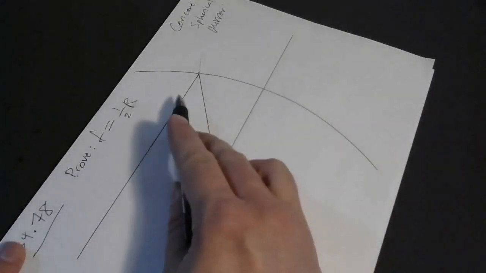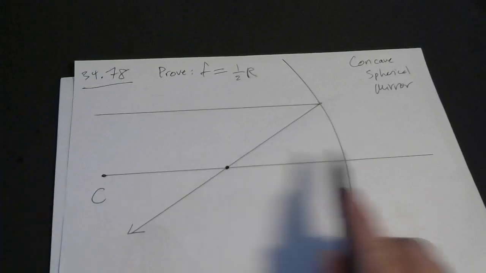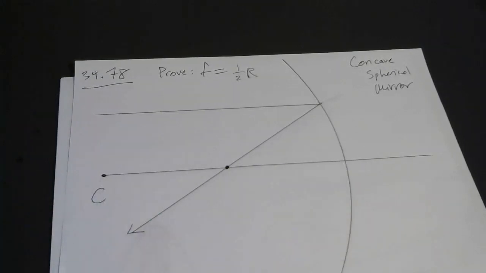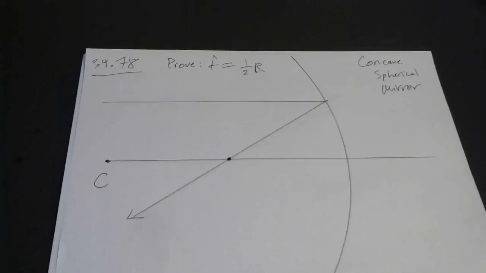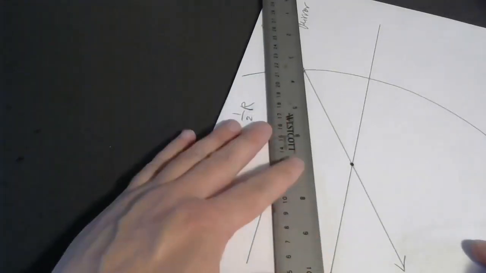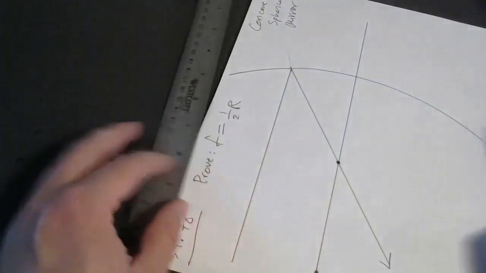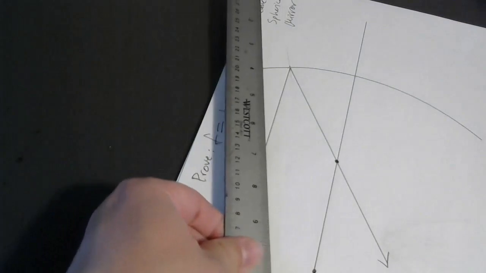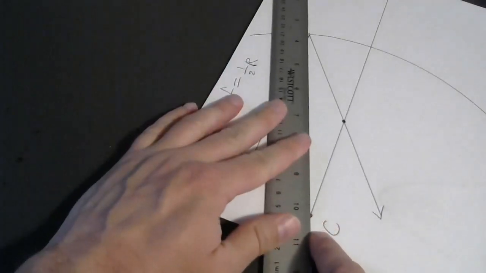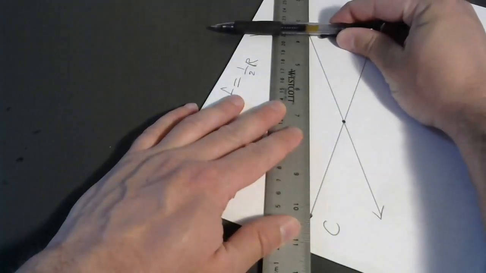Now you can already tell, because I was careful to make the reflected ray equal to the incident ray, that it looks like the focal point is about halfway out from the mirror to the center of curvature. We just need to prove that now. And we will be looking at a right triangle. Okay, I'm going to draw a ray. Well, think about it. If this really is the normal line, isn't the radius of a circle, I drew a radius from the center of curvature outwards, doesn't a radius always intersect a circle so that it's perpendicular to the tangent line?